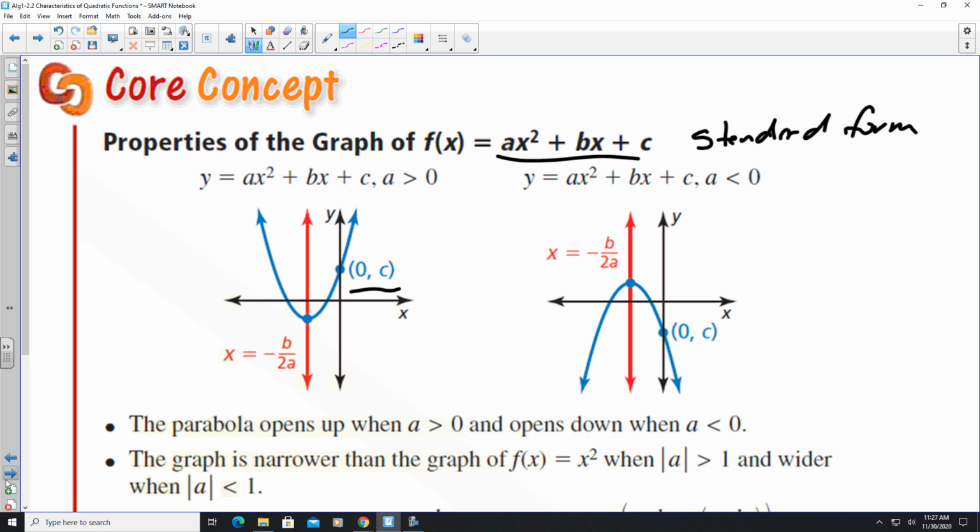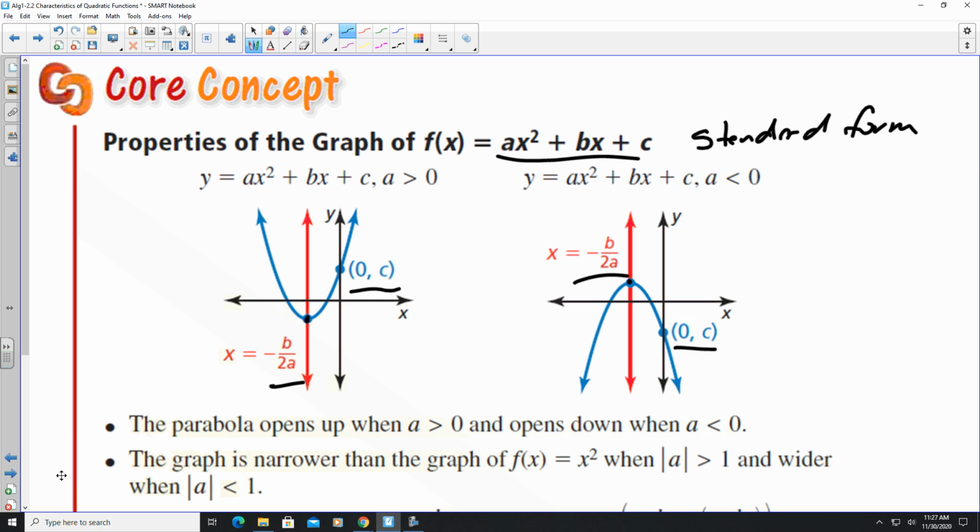That doesn't matter if a was negative or a was positive. Our axis of symmetry came from -b over 2a. Didn't matter if a was positive or if a was negative. And if you notice this vertical line, that's the axis of symmetry. The vertex is always located with the axis of symmetry. So that's how I was able to find it in that previous example.